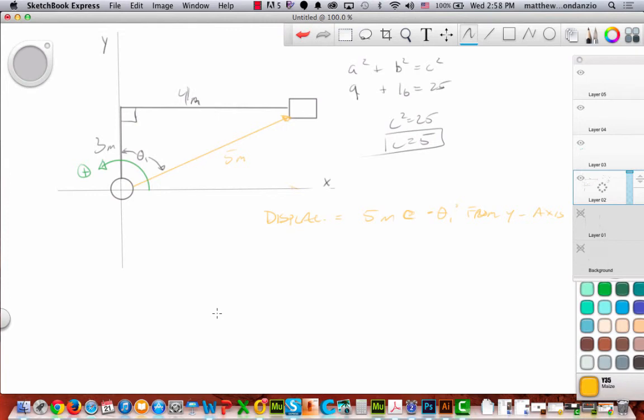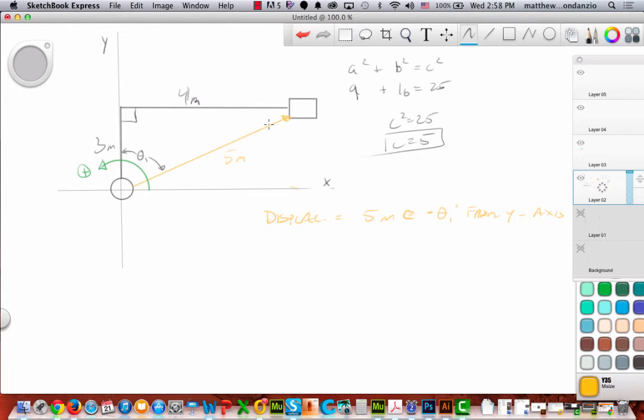Do you see why I said negative theta 1? Because I am angling in this direction from the y-axis. The displacement, to get from the start to the end, from the circle to the square, I need to go 5 meters at a direction of negative theta 1 from the y-axis. That's where I turn, boom.